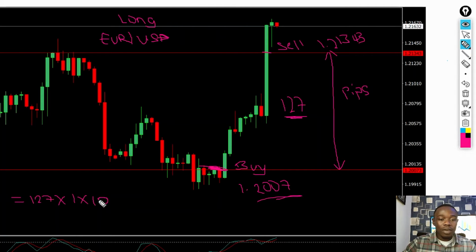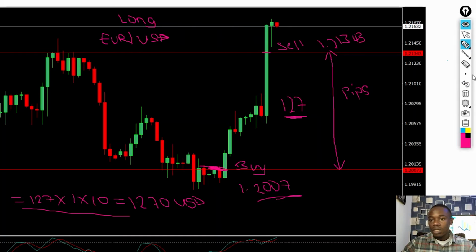So in one standard lot, each pip represents $10. If we multiply this, we get $1,270. From this particular trade, this is the amount of money we were able to capture based on the pips and the lot size we used in executing the trade.